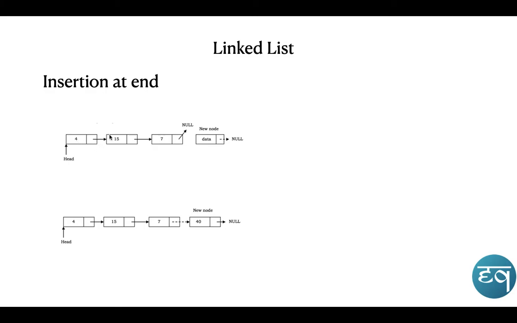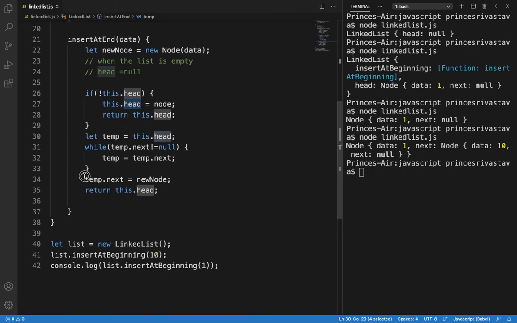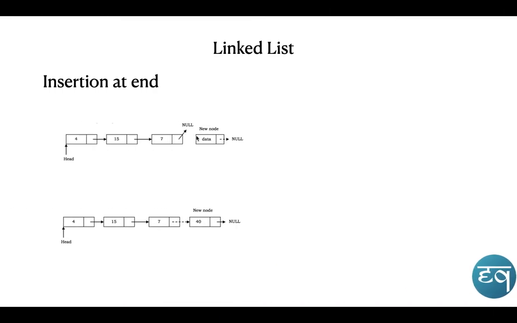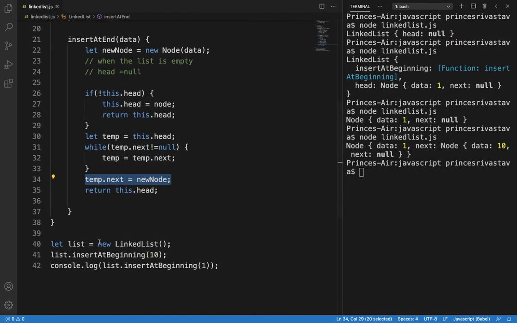No, it is pointing to a node which contains 15 as data. So it will move temp to this node, and similarly it will go until it finds that temp.next is null. In the next step, I am changing the next of this node to the new node that we have created, and then I'm returning the head.